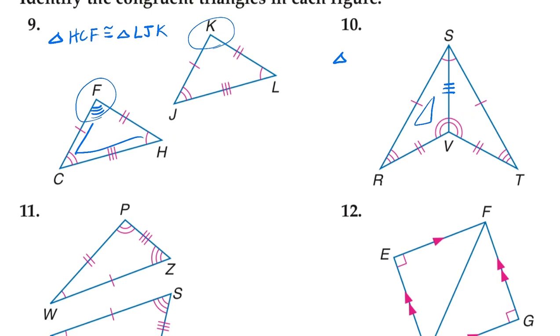I'm going to go across the 1 side, and then the 2 side, and then the 3 side. So I'm going to go triangle STV. I could choose any order, and now I have to choose the other order. So across the 1, then across the 2, then across the 3, that's from S to R, then to V, and then back to S.